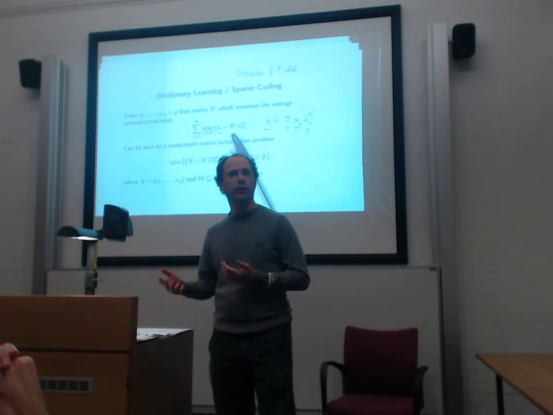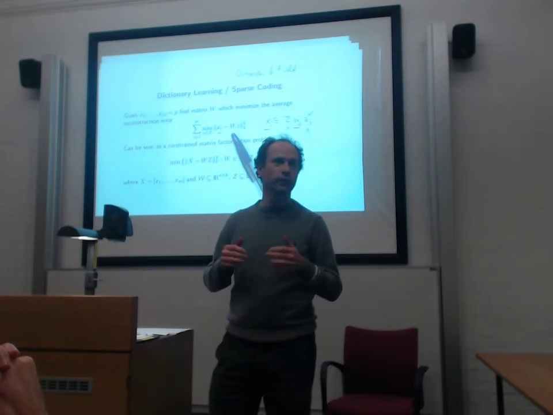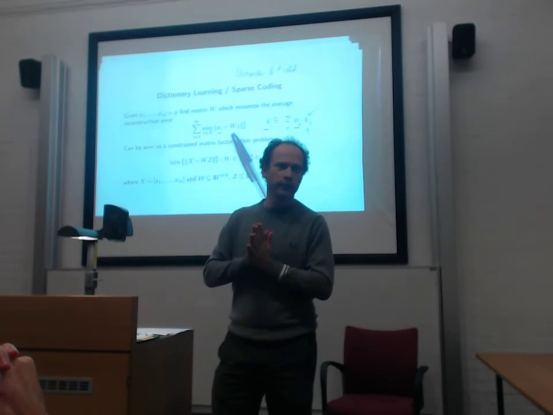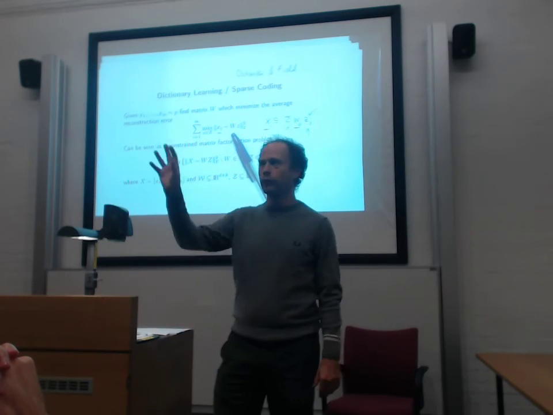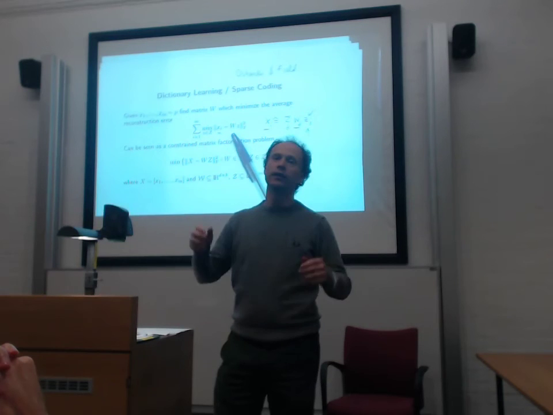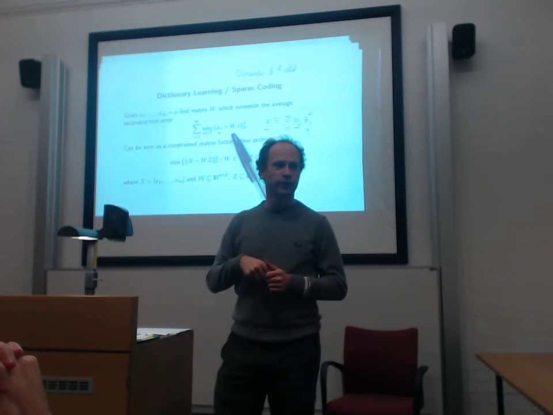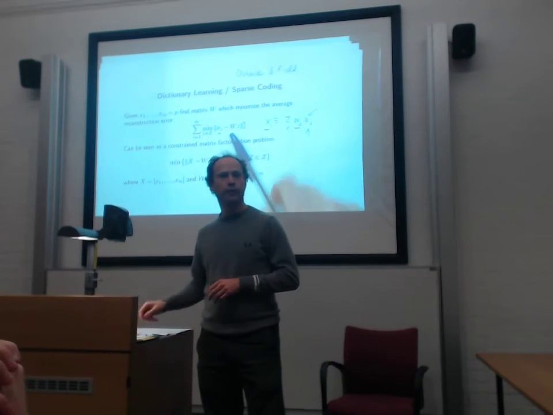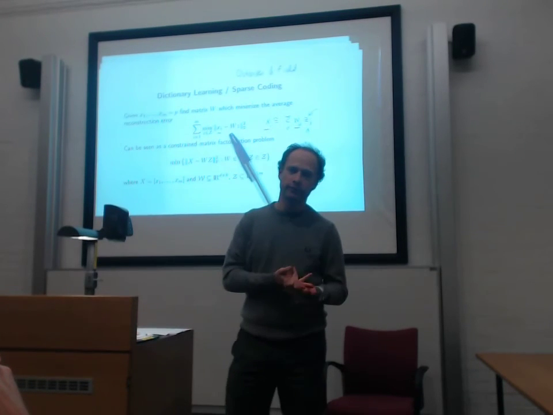Here they can be more, maybe 500, 1,000, or more. And even though there are many, when I give you a natural patch, only a few of the dictionary elements will be used to represent it.